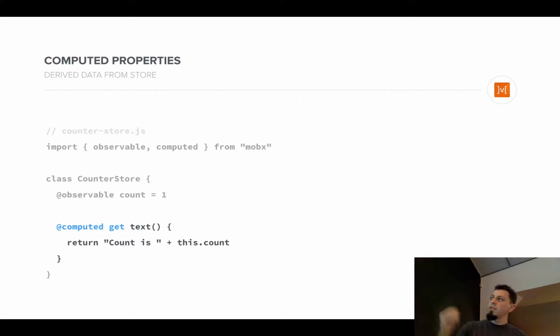You just define a getter property, and you annotate it with computed. Here we are using the count and just put some string in front of it. Every time the observable property changes, only then the computed property will change as well, and will notify all the components that use that property.